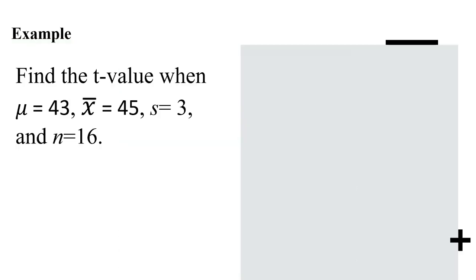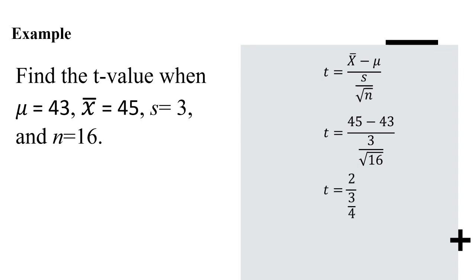Find the t-value when your population mean, that is mu, is equal to 43, and your sample mean, that is your x bar, is 45, your standard deviation is equal to 3, and your sample size n is equal to 16. For the formula, we have t is equal to x bar minus mu divided by s divided by the square root of n. Substituting the given, we will now have 45 minus 43 divided by 3 divided by the square root of 16.